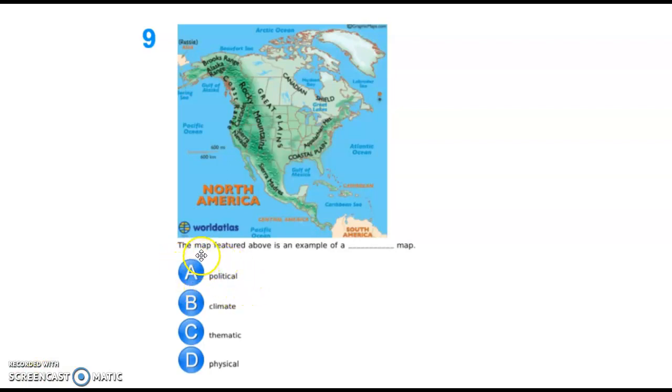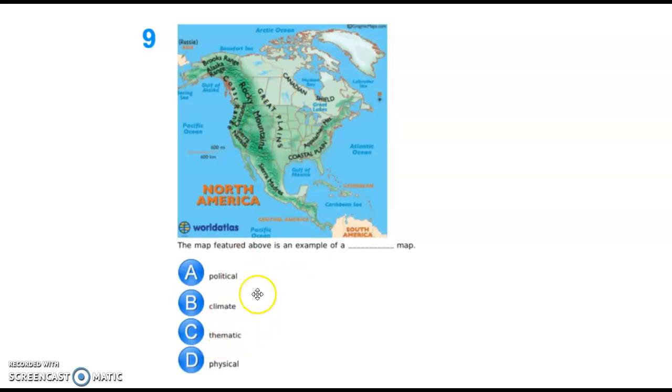A is incorrect because this map is not showing you cities or states within a continent. B, a climate map, would have shown you the climate, whether it would be tropical or an arid climate. So this is not showing you climate.